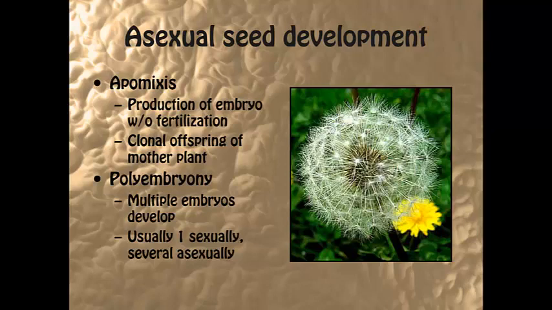Here we have multiple embryos per seed. And usually, in this case, one of those embryos did form after fertilization sexually like a normal seed embryo. And then all the other ones form spontaneously asexually. So it's as if you had apomixis and sexual embryo production in the same seed. And this happens sometimes in oranges.